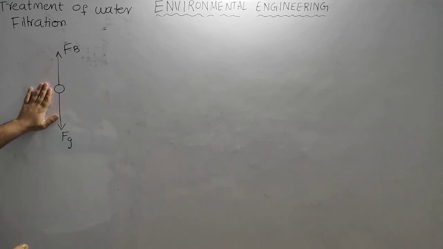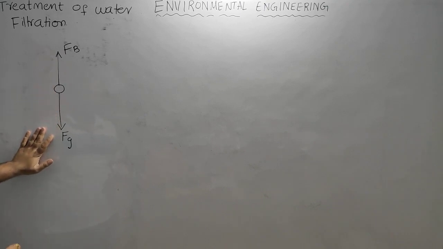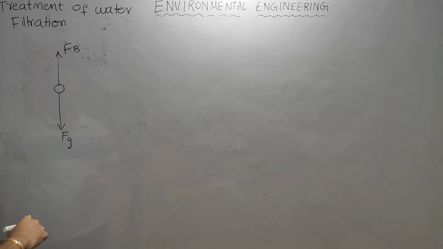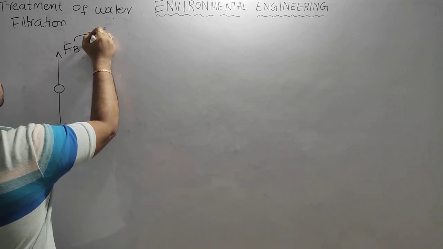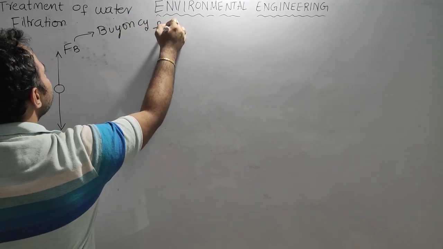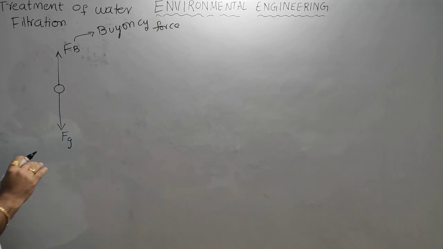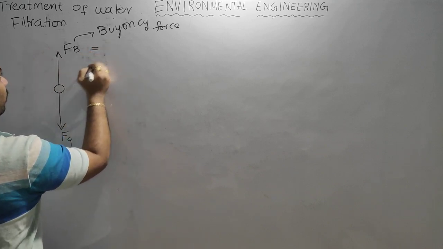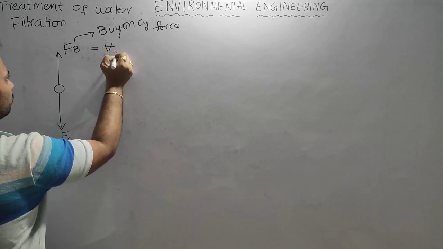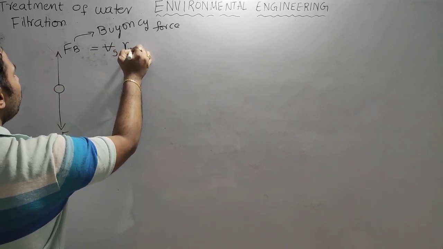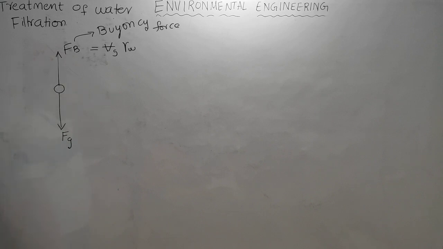If I take a single sand particle, there will be the weight of the single sand particle and the buoyancy force on it. Here, what is the value of the buoyancy force? It is equal to the volume of the solid times the specific weight of water, or of whatever fluid it is in.